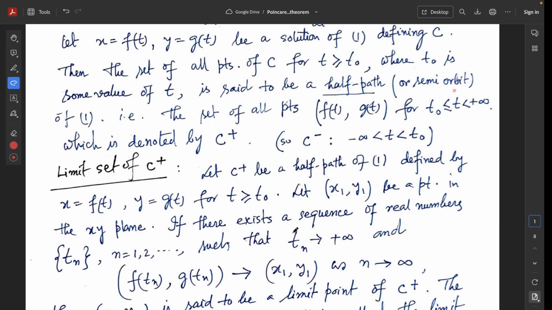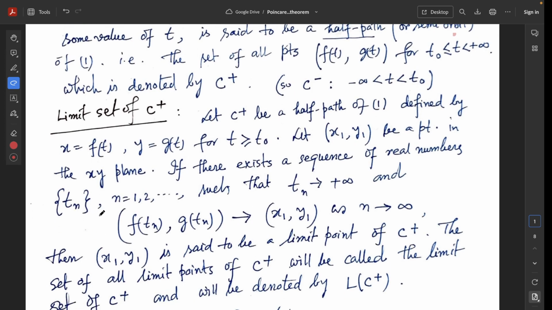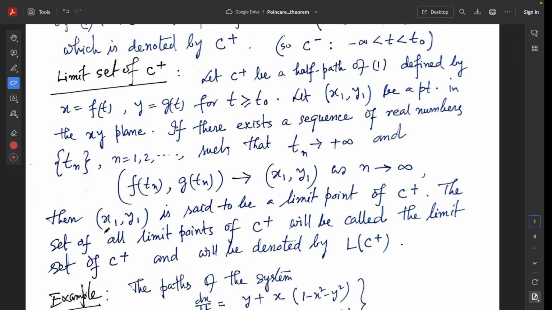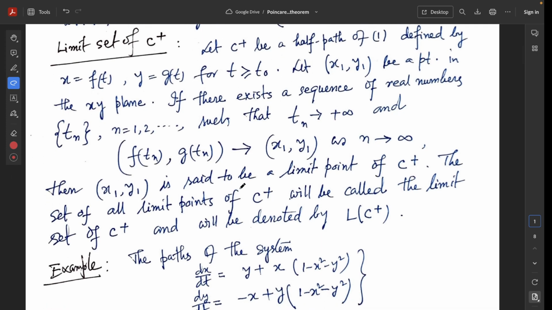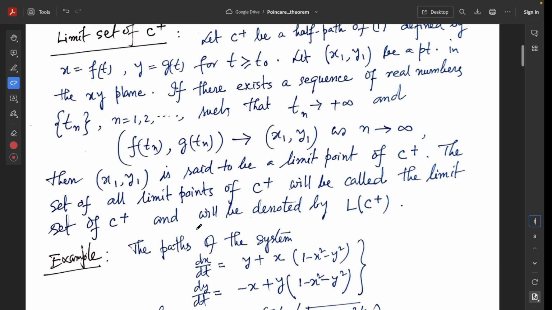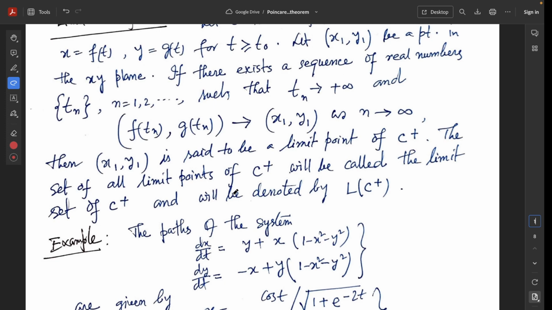If there exists a sequence of real numbers t_n, n equal to 1, 2, and so on to infinity, such that t_n tends to plus infinity and the sequence of points (f(t_n), g(t_n)) tends to (x1, y1) as n tends to infinity, then this point (x1, y1) is said to be a limit point of C plus. The set of all limit points of C plus will be called the limit set of C plus and will be denoted by L(C plus).